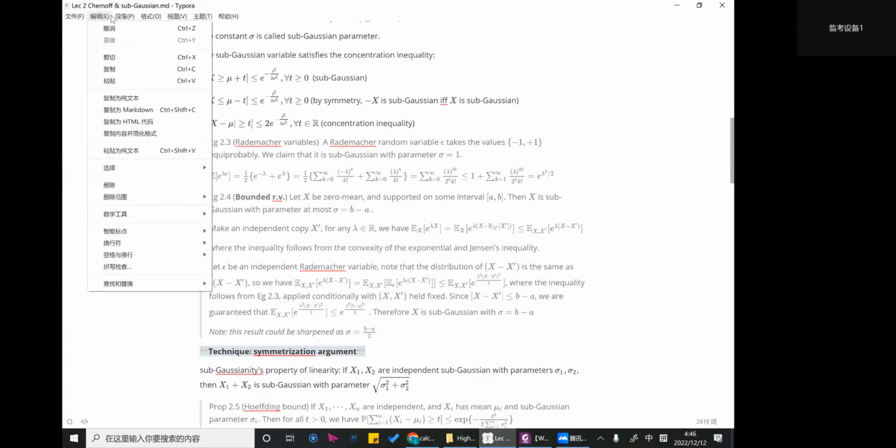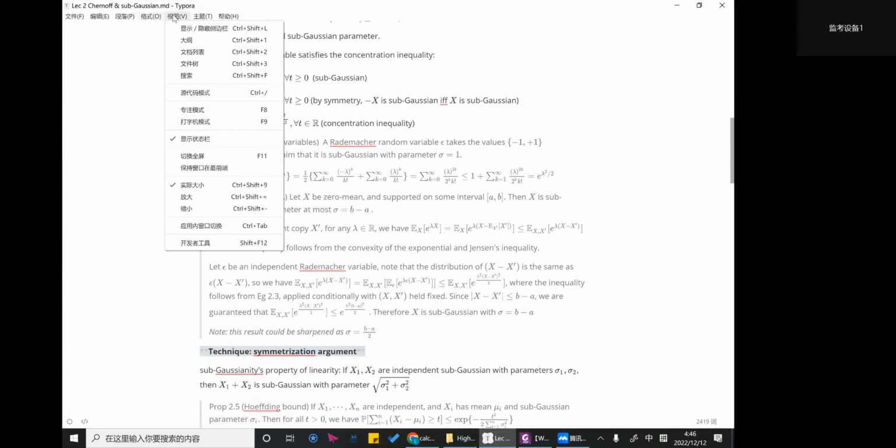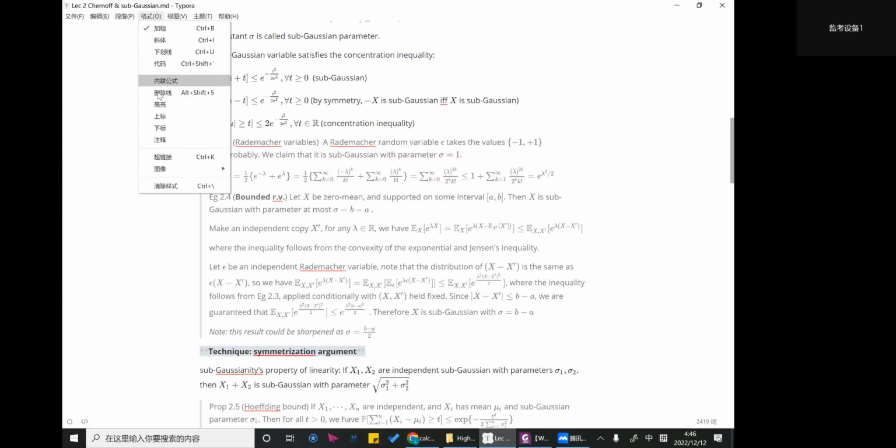Let me change the color of this. Okay. So we use the symmetrization argument here. And we bound the odd moments in terms of the even ones.